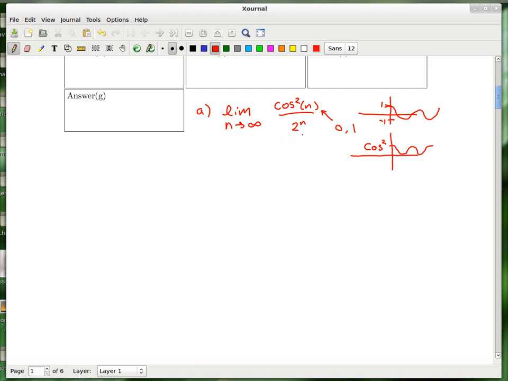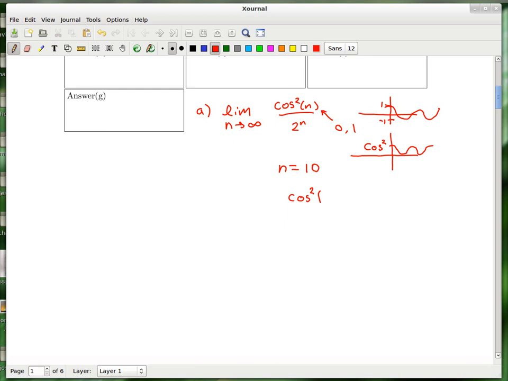And what's happening to the denominator as n goes to infinity? It's growing really fast. 2 to the n grows really quickly. Let's see what happens when n is equal to 10. Then we have something between 0 and 1 on top. Let's call it cosine squared of 10.